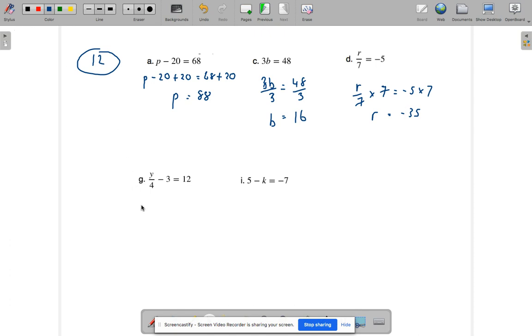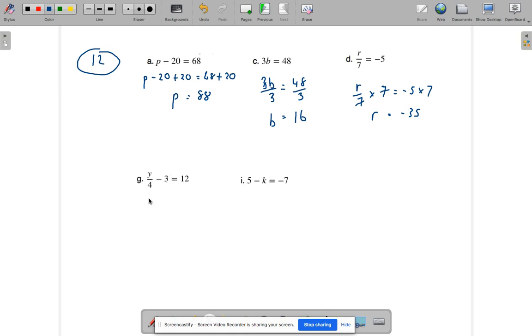Here I've got y over 4 minus 3 equals 12. Okay, so I've got two things here I've got to do to isolate y by itself. I'm deciding here whether to get rid of the 4 or the negative 3 first. So we always try and get rid of the thing that's the furthest away from the y first, which is the negative 3.